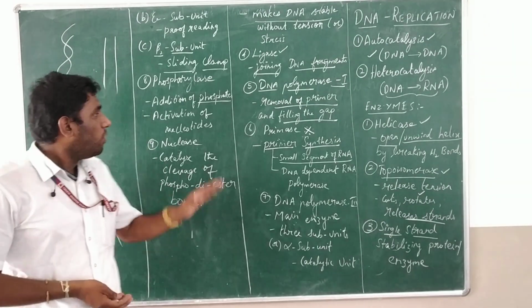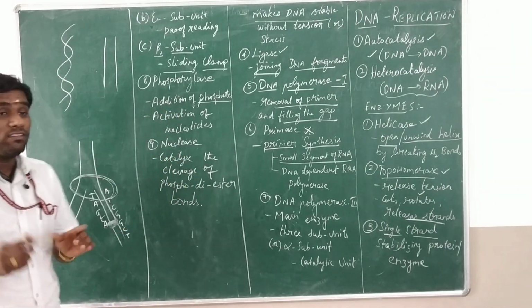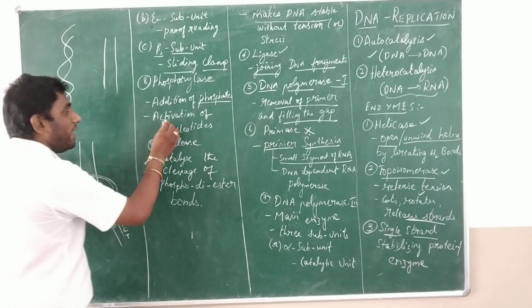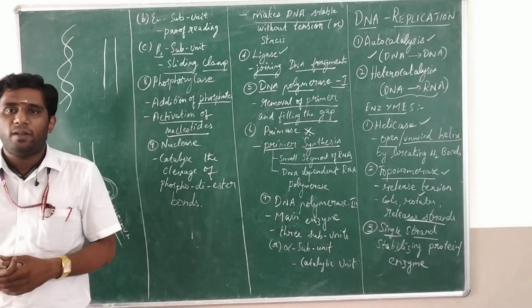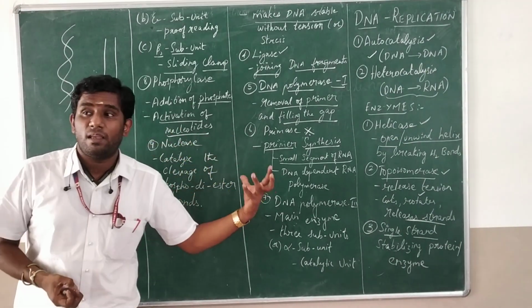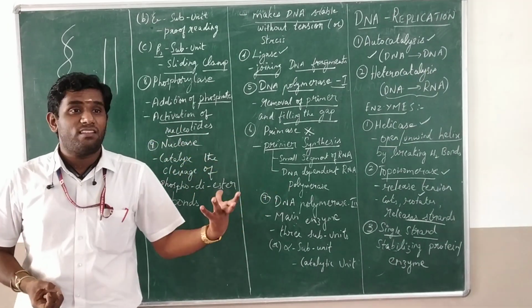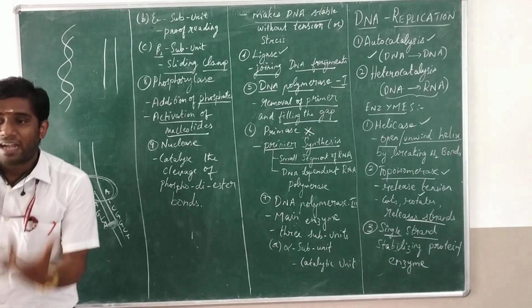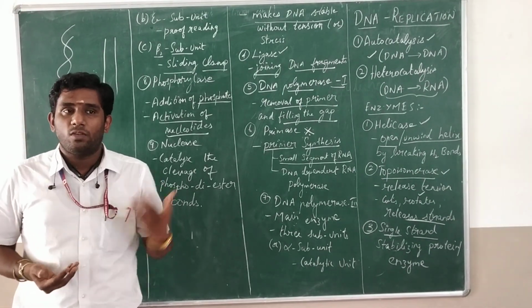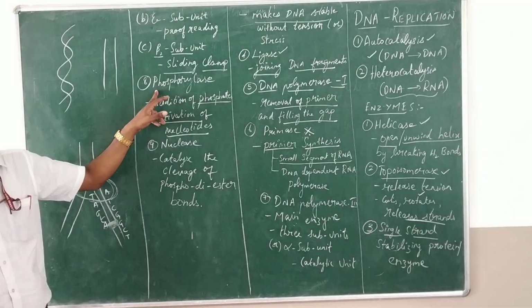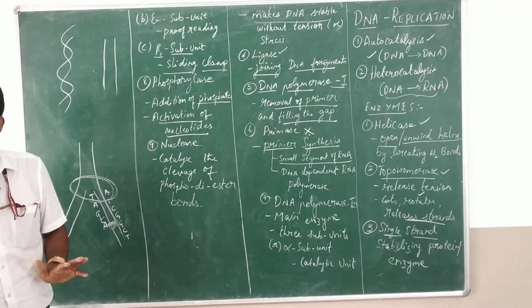Along with addition of phosphate, it activates the nucleotide. Before replication starts, even before helicase can act, the nucleotides have to be activated. They have to sense that replication is going to happen. That is also done with the help of phosphorylase. Is it clear, children? Fine.